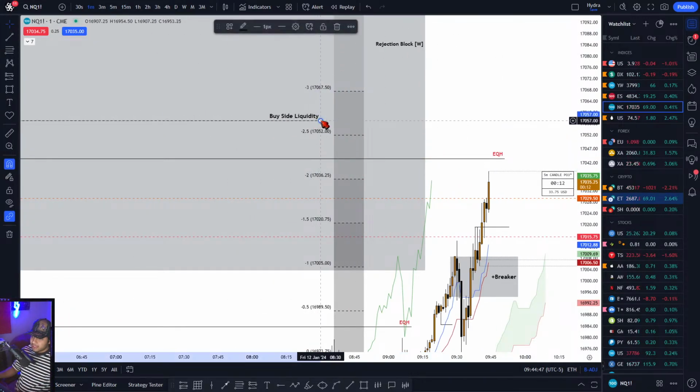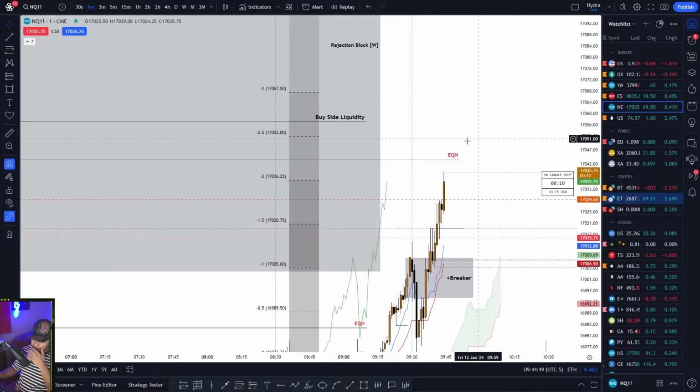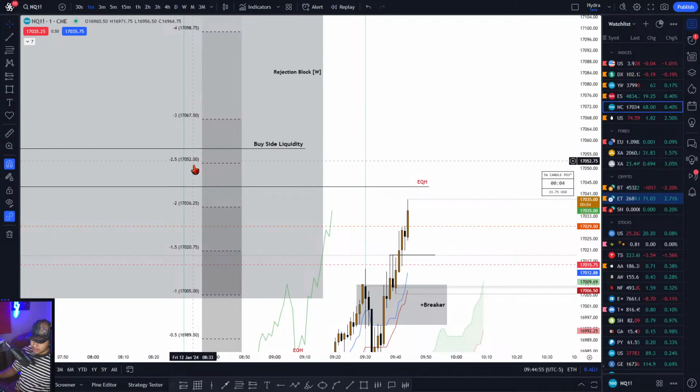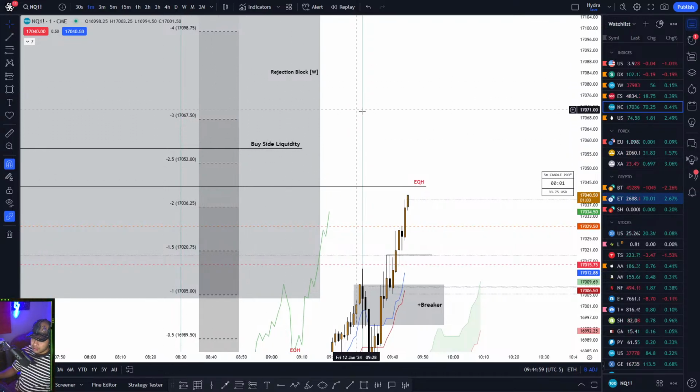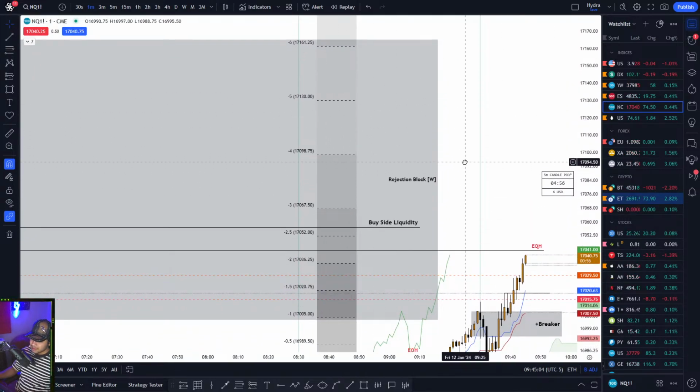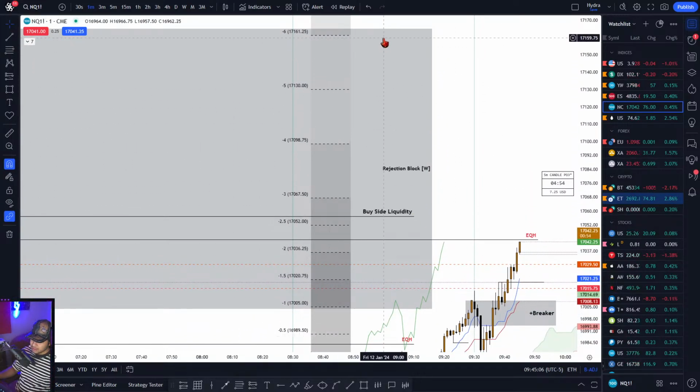So we pretty much filled the 2 standard deviation, right? So what can we do here? I'm going to focus on this part of the standard deviation, but the reason that I don't use it is that I use the measurement tool here on the weekly rejection block.